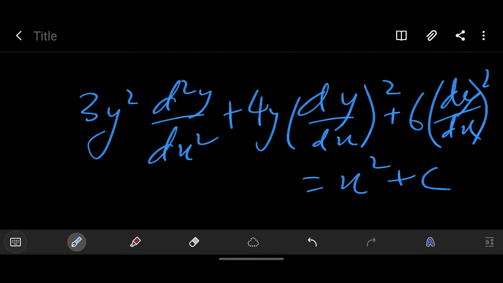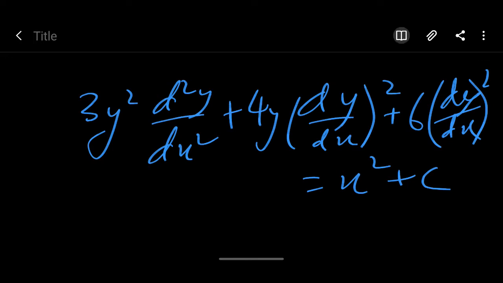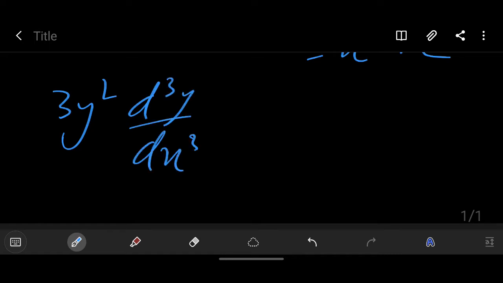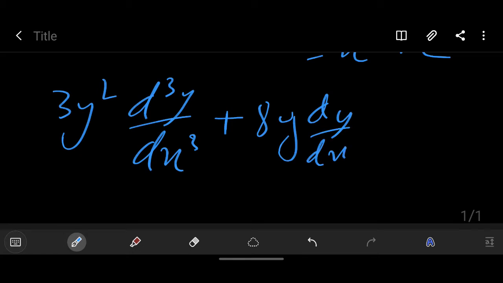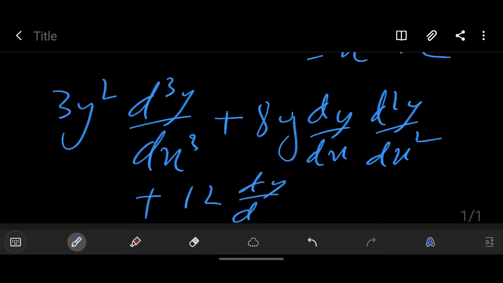Suppose we have this equation, and if we differentiate this one with respect to x, what will we get? 3y squared d cube y by dx cube, plus 8y dy by dx d square y by dx squared, plus 12 dy by dx d square y by dx squared, equals 2x.